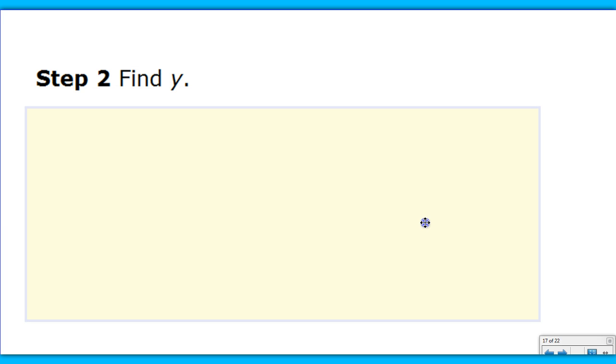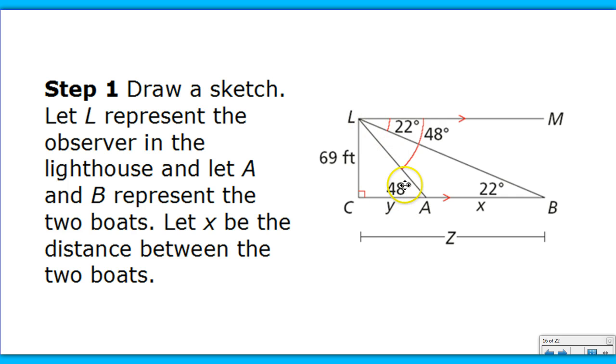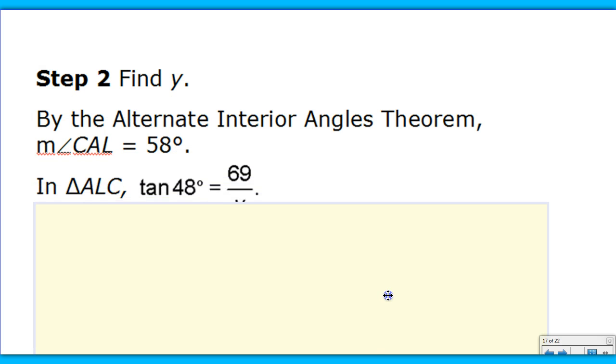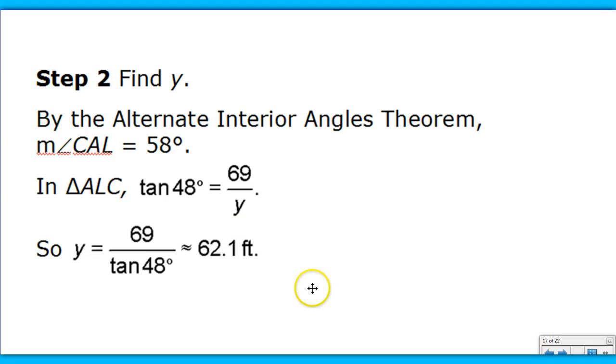So to find y, we have which angle? 48 degrees, right? Opposite over adjacent, we're finding the adjacent side, y. And so go ahead and pause, make sure you're working this out carefully. The distance is 62.1 feet.